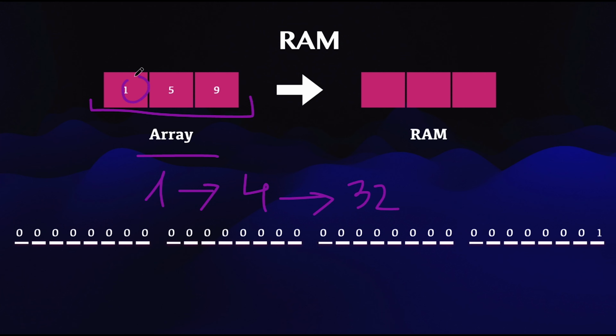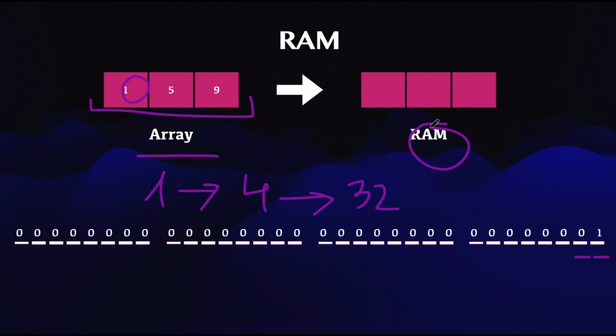Let's take, for example, our very first integer here in the array. Here below you can see how we represent it in bytes. So it's 31 zeros and 1 one. When we represent an integer in zeros and ones, we can actually put it into RAM.